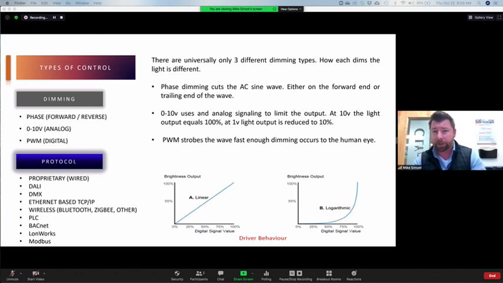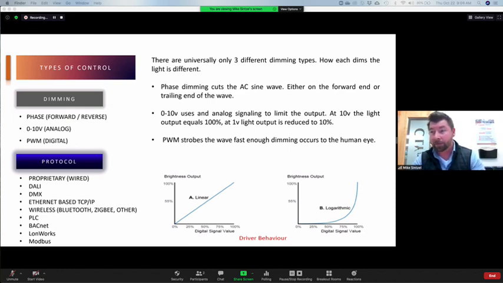Dims with pulse width modulation. DMX, also a different protocol, used a lot, more so commonly these days. DMX was introduced primarily for show control in the film and television world, but we've brought it over. It's being used all the time in buildings.